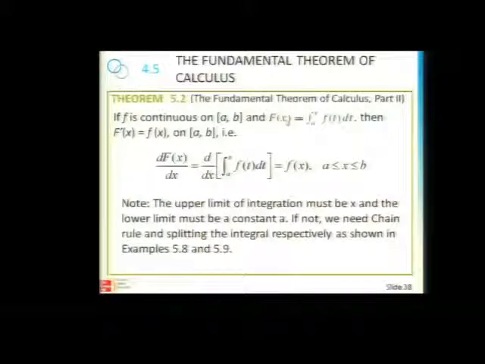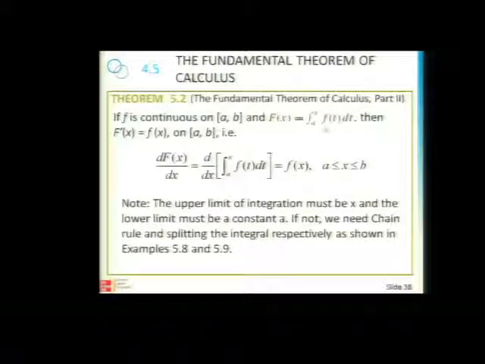All right? So what this fundamental theorem part 2 says, the derivative of F(x), this part, you see, right, or F prime, which is the same as the derivative of this integral, right, because F(x) is this integral. And the theorem says this is just f(x). Okay? dF(x)/dx, this part, is definitely this one, because F(x) is this one.